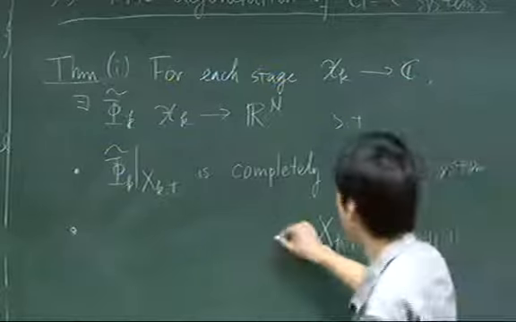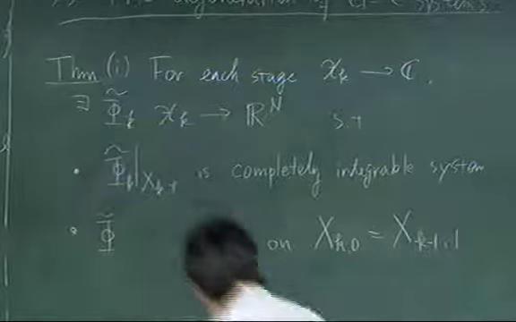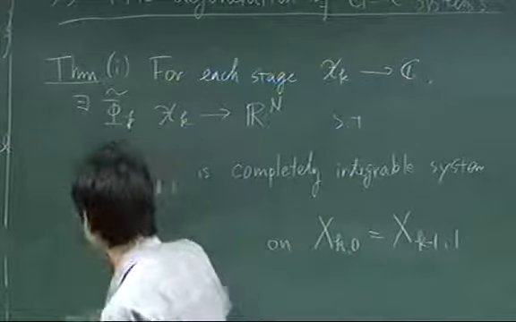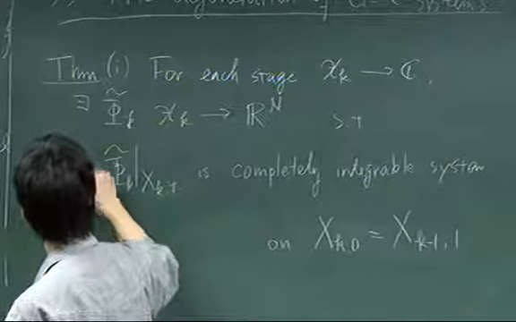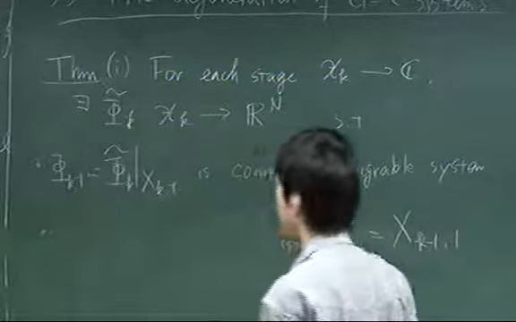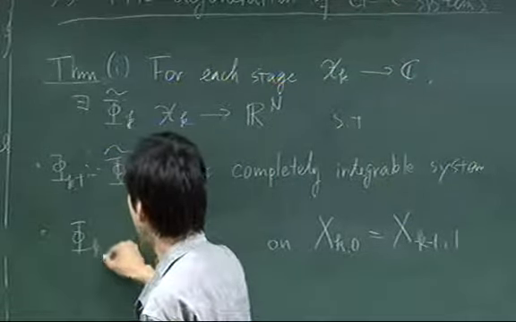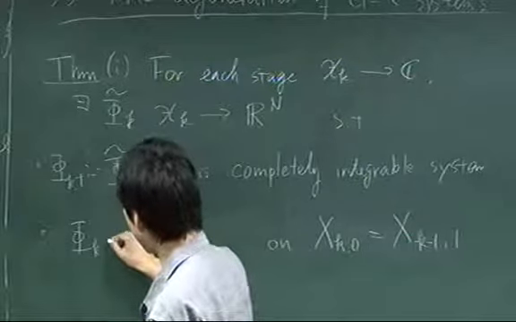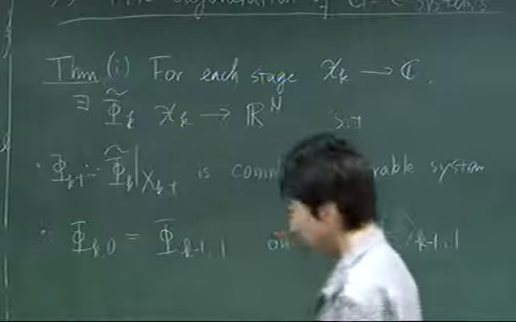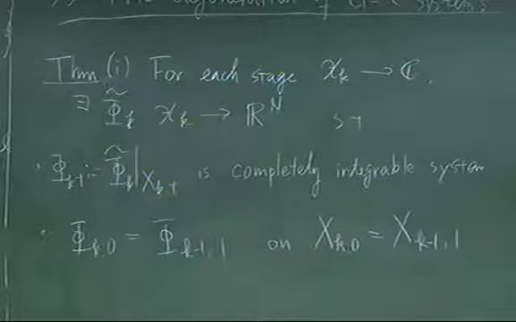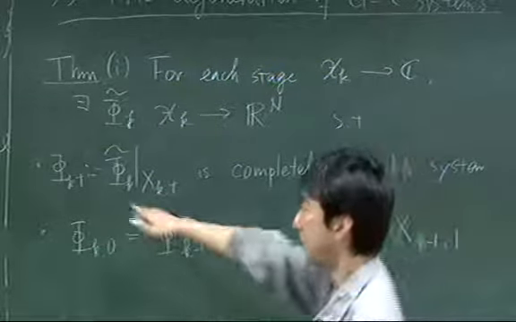On this space, we simply write this by phi kt. Then on this space, the restrictions coincide. So this means this is continuous on this piecewise linear path.